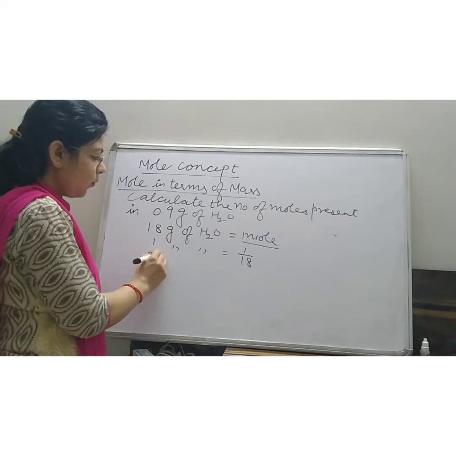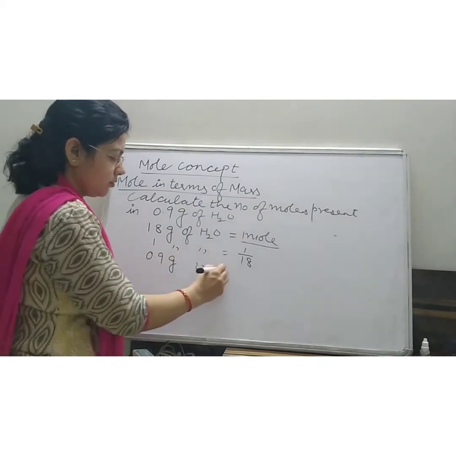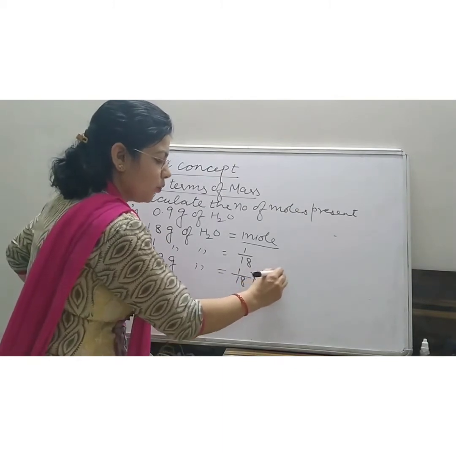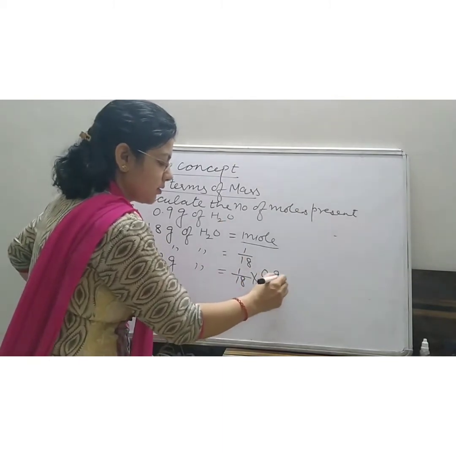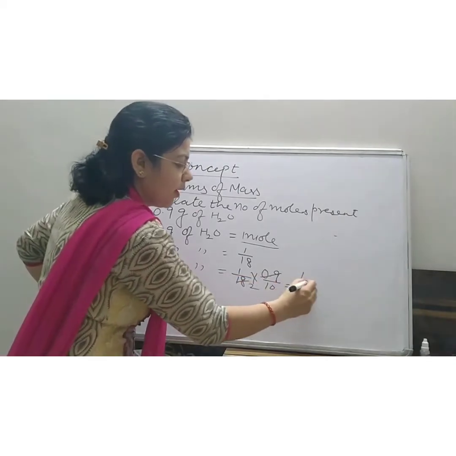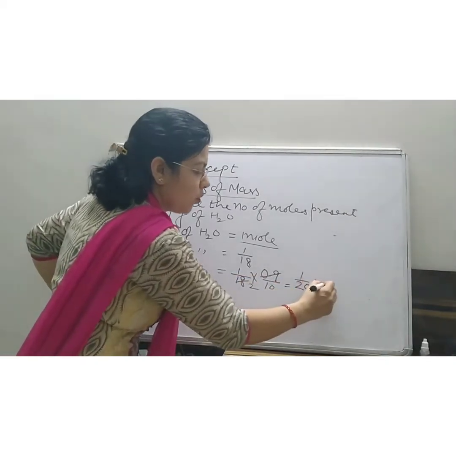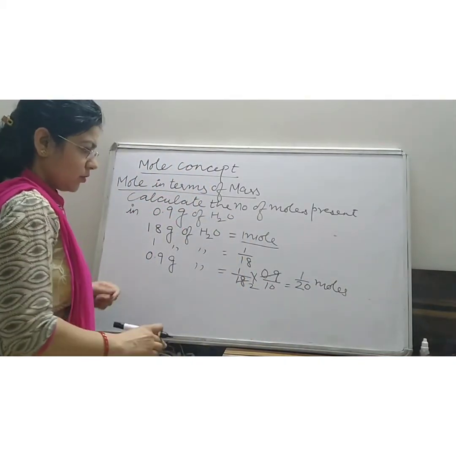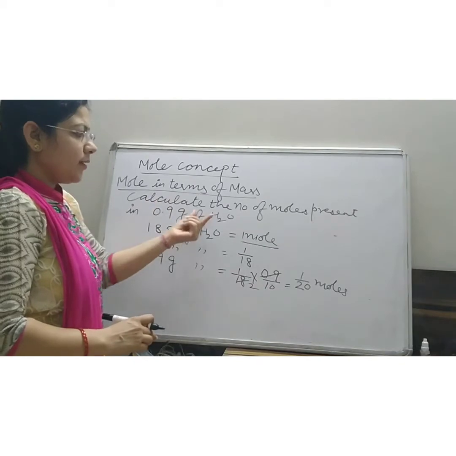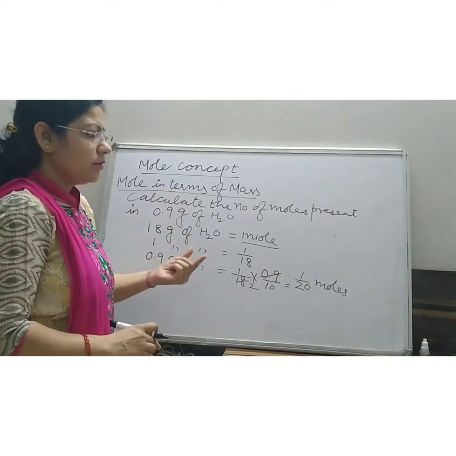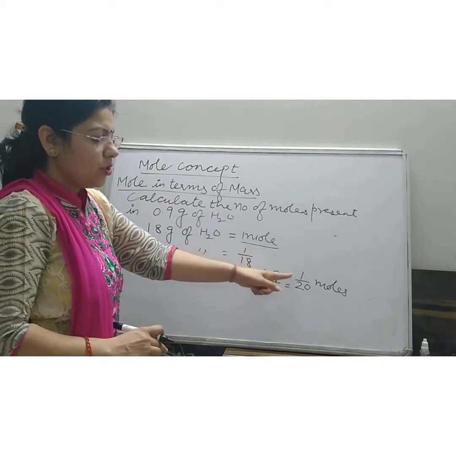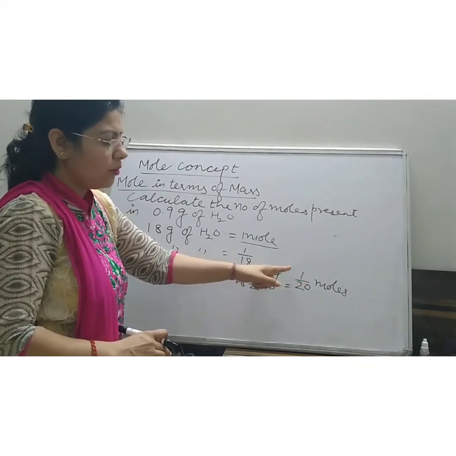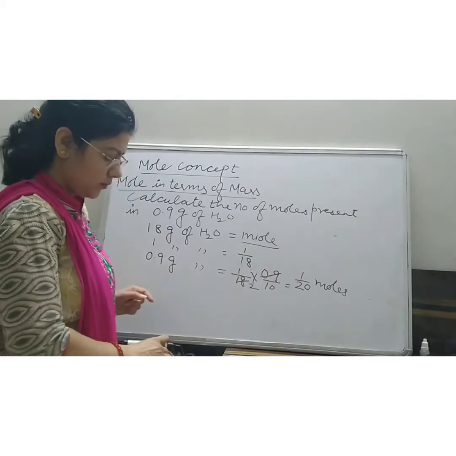So, 0.9 grams of water is equal to 1 by 18 into 0.9, that is 1 by 20 moles. So 0.9 grams of water has 0.05 or 1 by 20 moles.